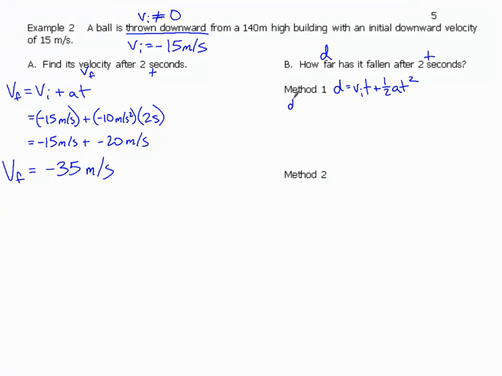So we plug in our numbers. Initial velocity, negative 15 meters per second. Time is 2 seconds. Plus 1/2. Acceleration is negative 10. And the time is 2 seconds, which needs to be squared. The most common student mistake is forgetting to square the time.